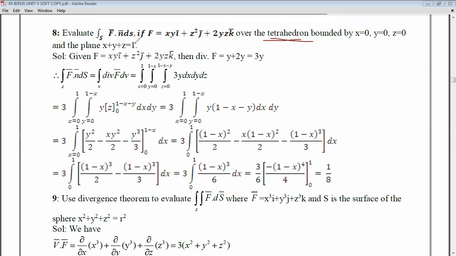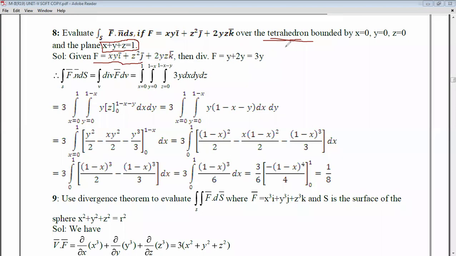Here we can solve this in a surface integral, but if they mention applying the Gauss divergence theorem, you can apply it. So applying the Gauss divergence theorem, we need to calculate divergence f bar dV, and V here is bounded by the plane x plus y plus z is equal to 1.